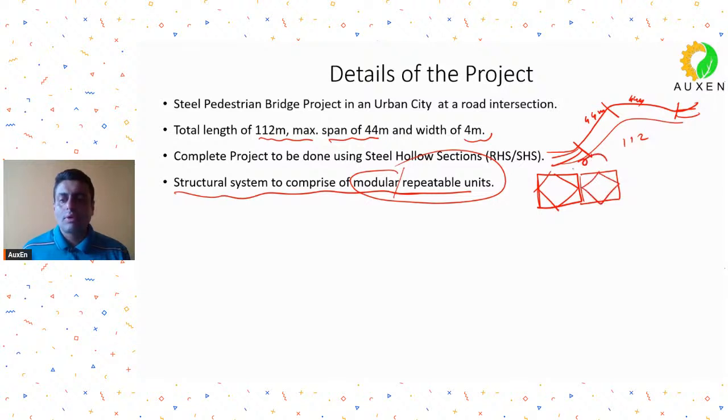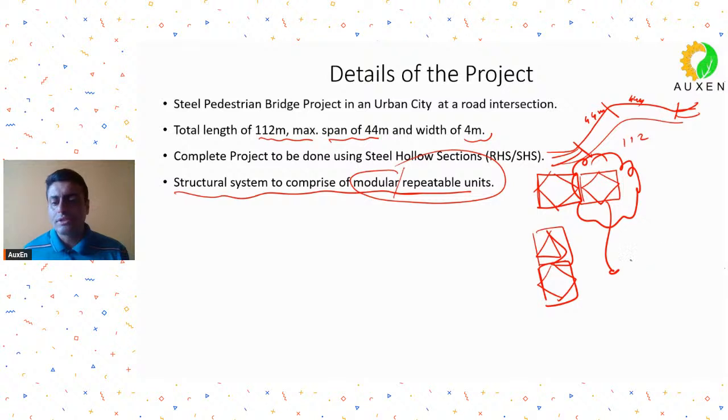This was one module, and you can repeat the same module everywhere, whether you are using it in a column or as part of your steel bridge deck. It was a completely modular system, isn't it? When you are able to achieve modularity, you will always achieve economy in your design. So we'll try to come up with a system, if possible, which is modular and has repeatable units.